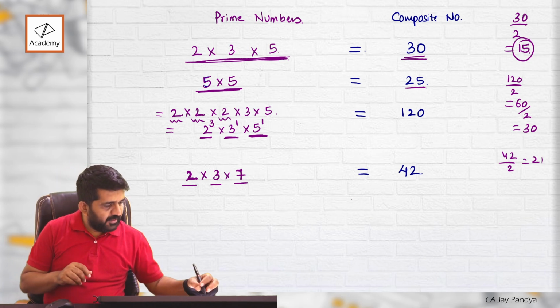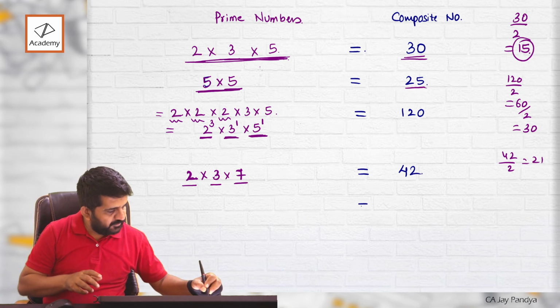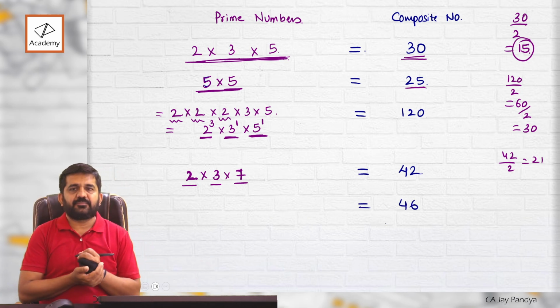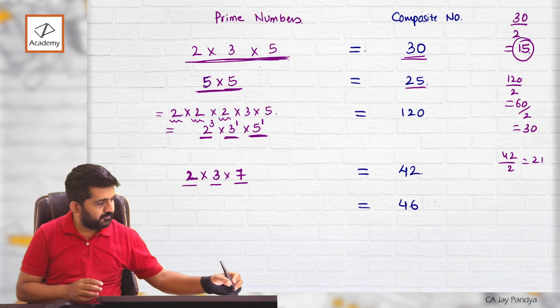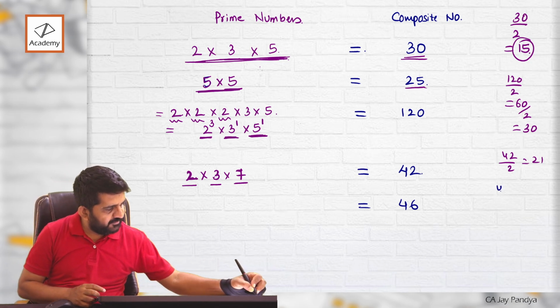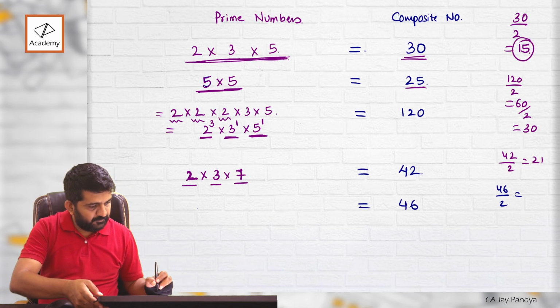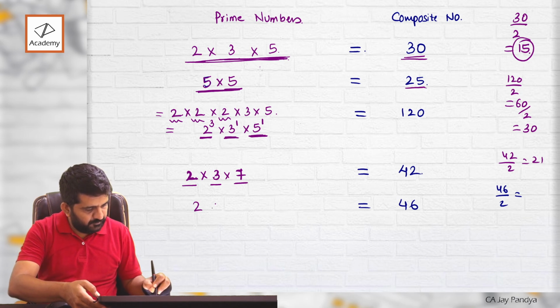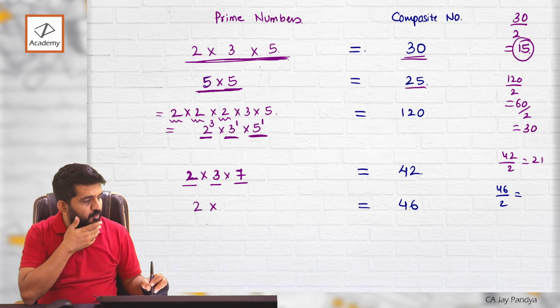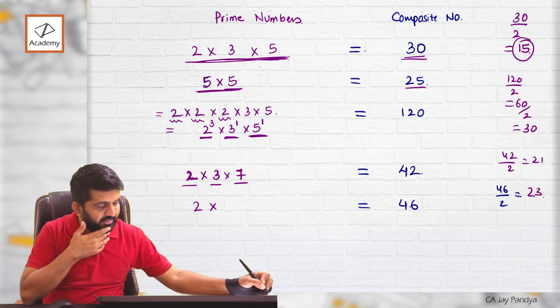Let's take one more, last. 46. It is even. So 46 divided by 2, 2 will be our first answer. 2 multiplied by, answer is 23.